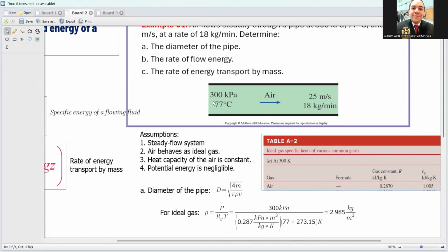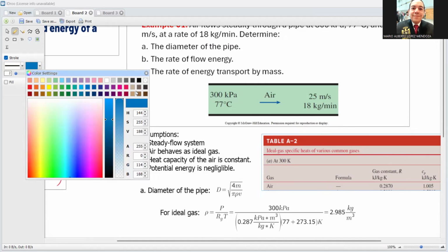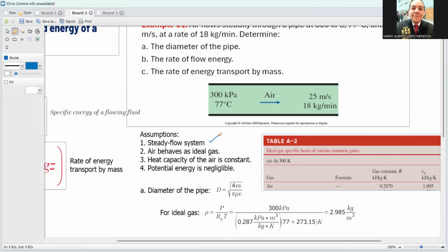Remember, assumptions that make the problem really simple. This is not really an assumption; it's a statement in the problem that we have a steady flow system. We know that the conditions given in the statement will be constant along time.